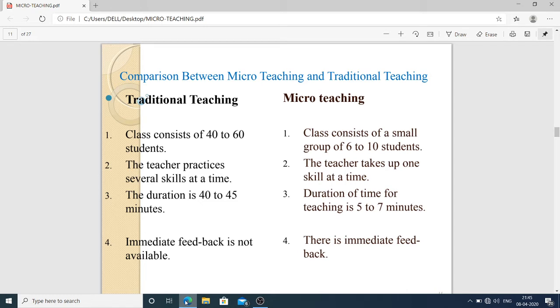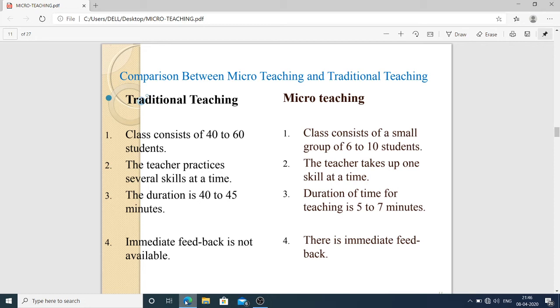Second, the teacher practices several skills at one time, but in micro teaching the teacher takes up one skill at a time. Then the next one is that in traditional teaching the duration is 40 to 45 minutes, as compared to micro teaching.